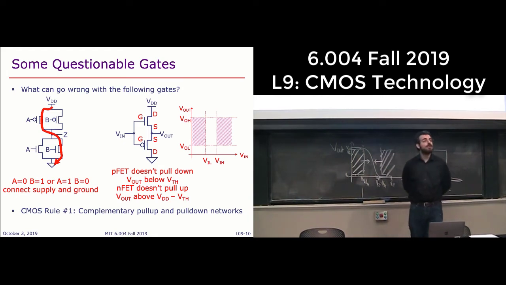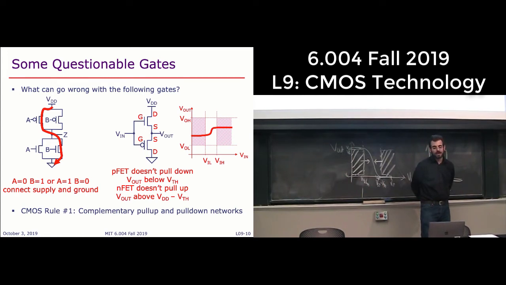So if you draw the VTC for this, what you'll see is that instead of pulling the output voltage all the way down to 0 and all the way up to 1, as you reach both VTH or VDD minus VTH, these things will stop pulling up or down.